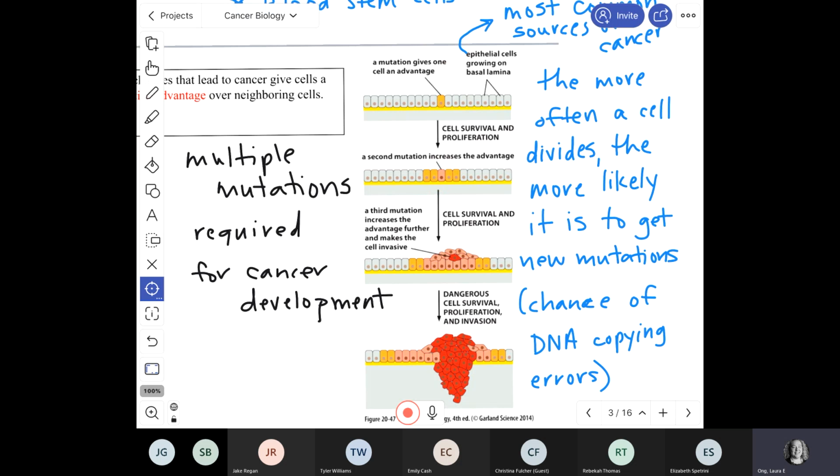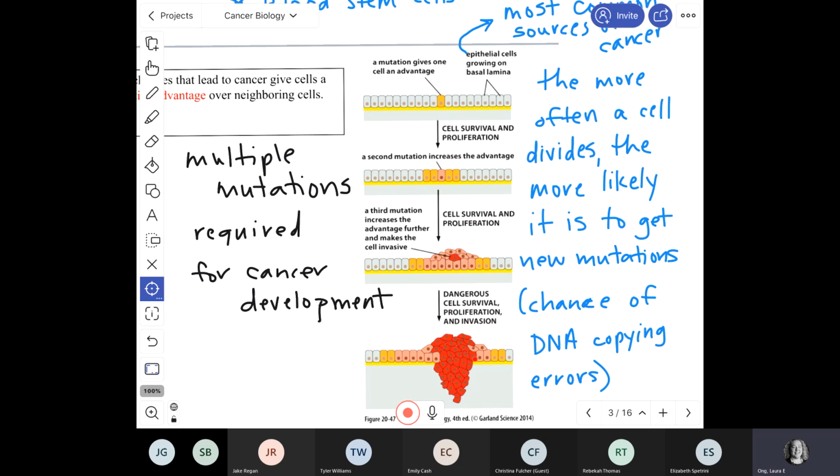So this proceeding from one slight mutation giving a slight division and survival advantage tends to cause a snowball effect. So it does take multiple mutations, but having one mutation makes others more likely, to get from a cell that's dividing a little bit too often to the point where we have an invasive tumor.